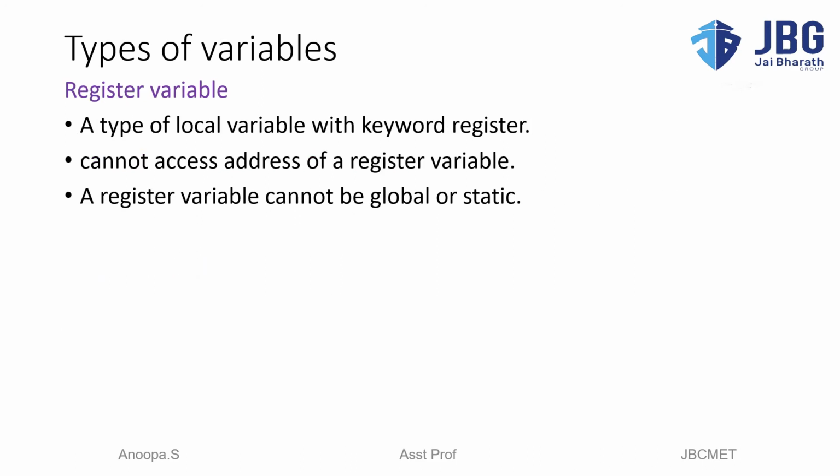Our next variable is the register variable. Register variable means the value will be stored in a register rather than in memory. It is a type of local variable with the keyword register, and since it is stored in a register, we cannot access its address. And a register variable cannot be global or static.